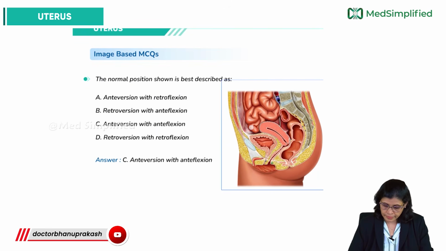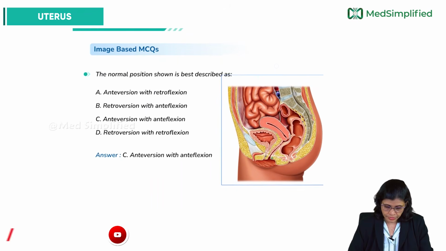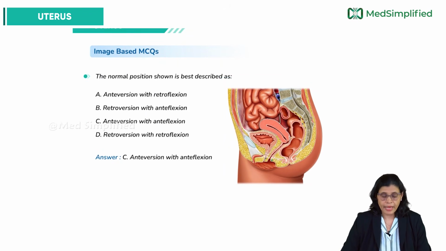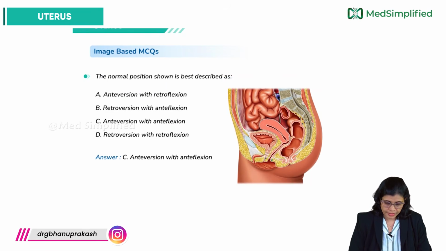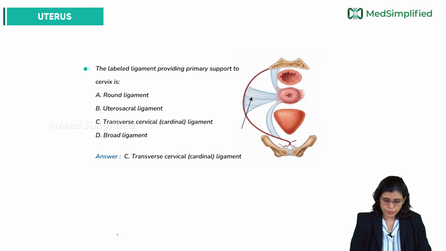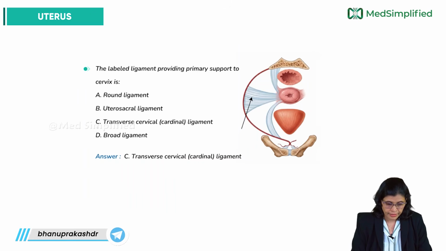So coming to the image based MCQs, the normal position shown is best described as, so the normal position of the uterus is anteversion with anteflexion. The labeled ligament providing primary support, so it is going transversely from the cervix here to, that is the transverse cervical or cardinal ligament.